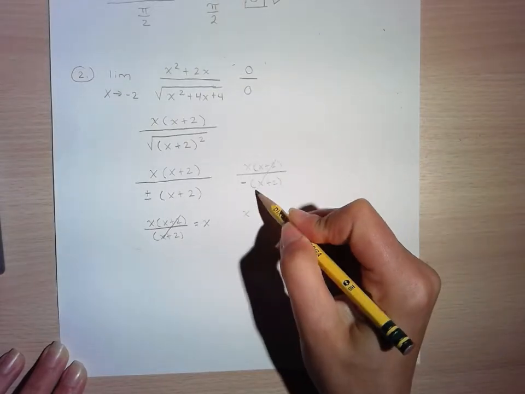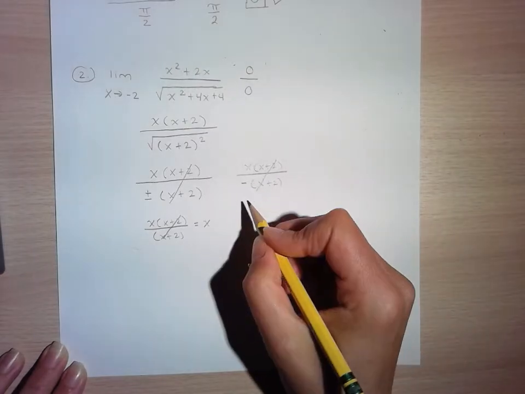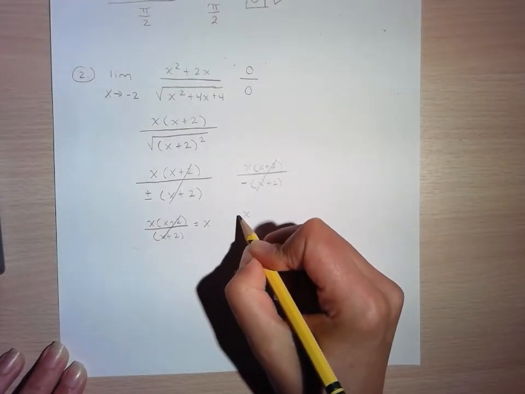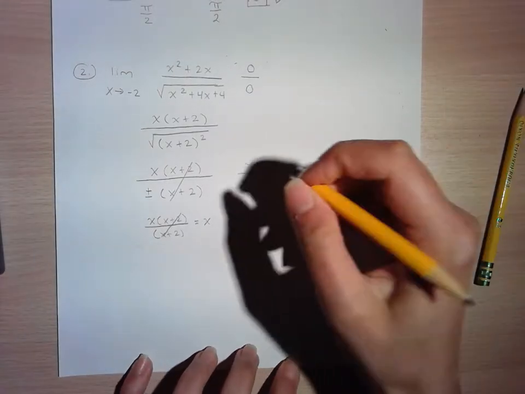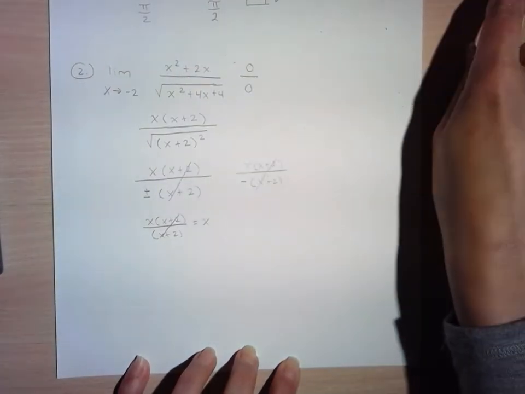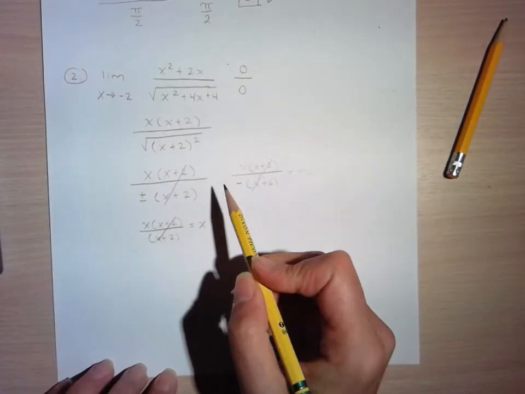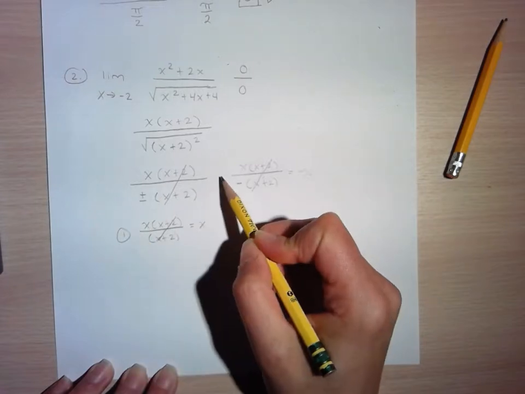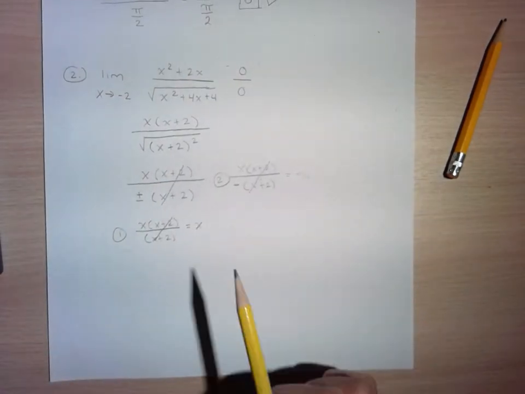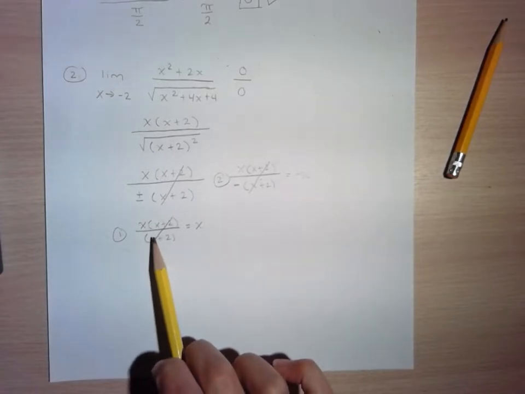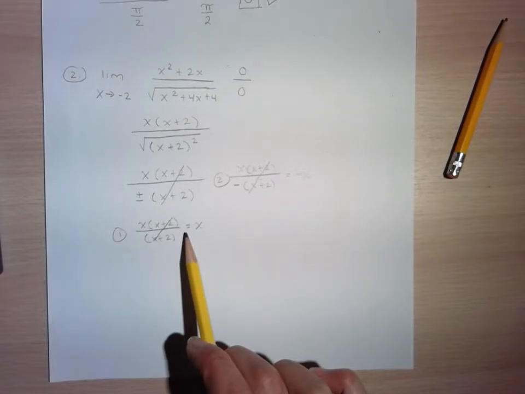In that case, I'm going to get a negative x. Alright, so here's possibility number 1, and here's possibility number 2. And it's going to depend on whether I'm coming from the left or the right side of this function.